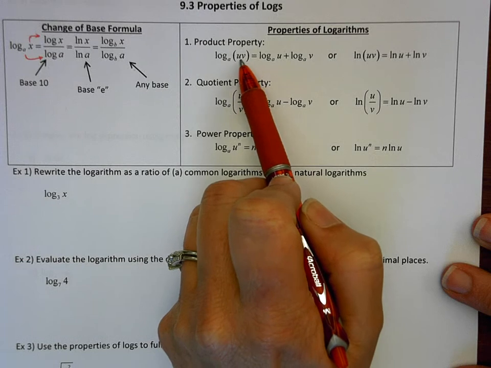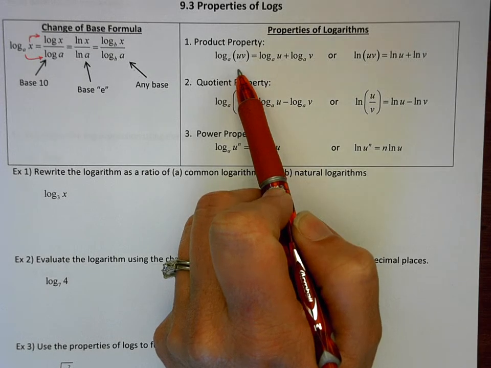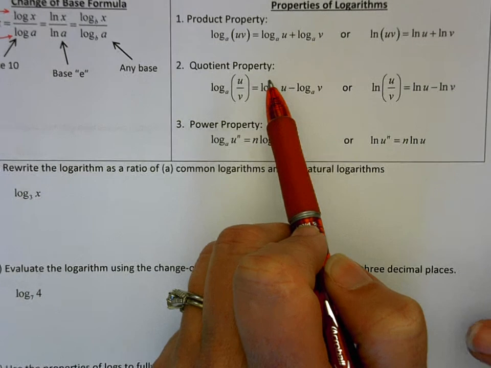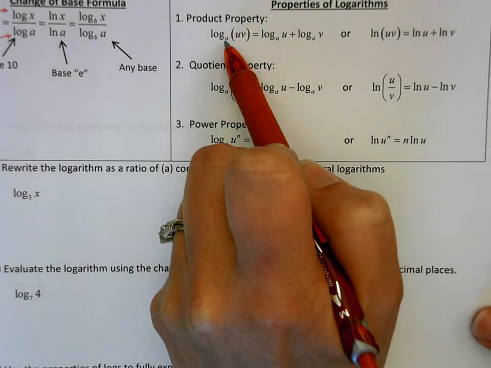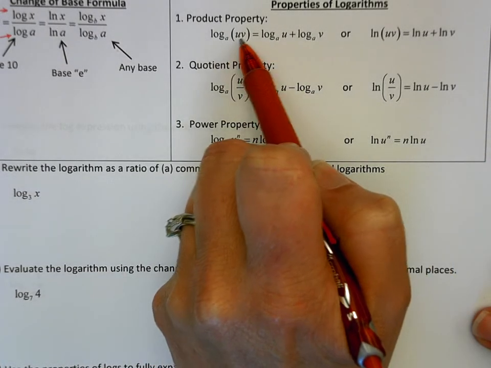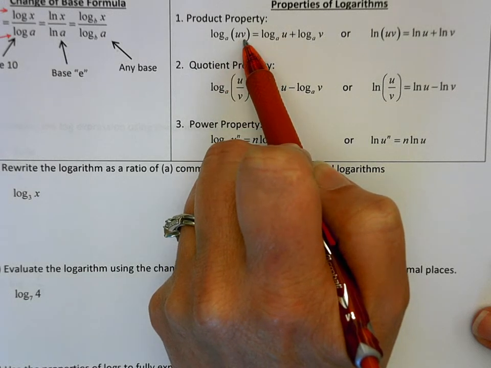Here, if we have a product of values, if we're multiplying u times v, and they have a base of a, then I want to assign a log to each of these values. I want log of u, and I also want a log of v.